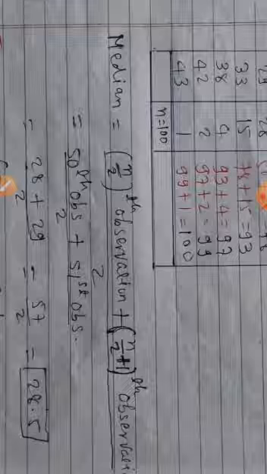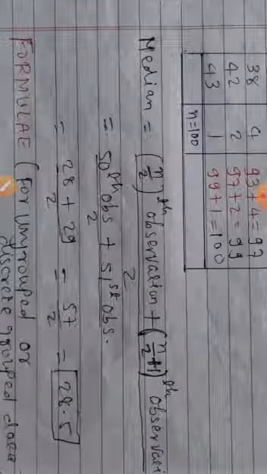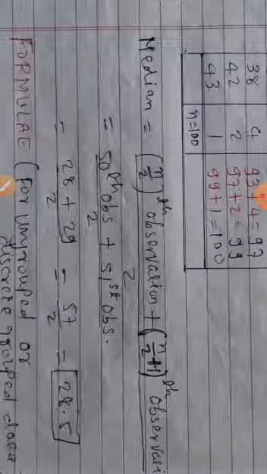Okay, so both values are taken, but most students make a mistake here. They take just 50 and 51. Now look, if we add 50 plus 51 divided by 2, that will not be the answer, because that is the place of the observation, not the value of the observation. 50 is a place, just like your roll number. 51 is a place, that is not a value.